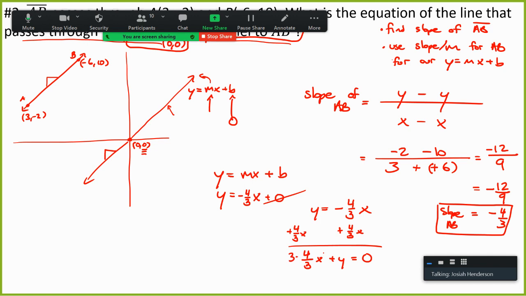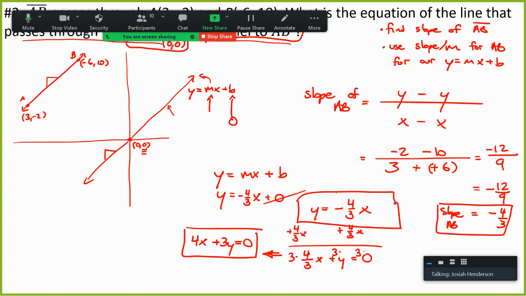So 3 times everything will get rid of the fraction. So it's easiest to work in slope-intercept form, and that's why I am using that with you guys. But we do need to be able to convert it and write it in standard form. These are equal. They're just written differently. They're expressed differently. But they would both make the same straight line.